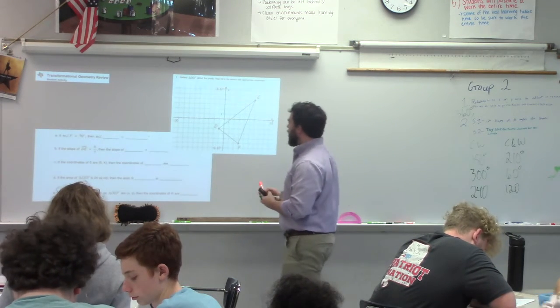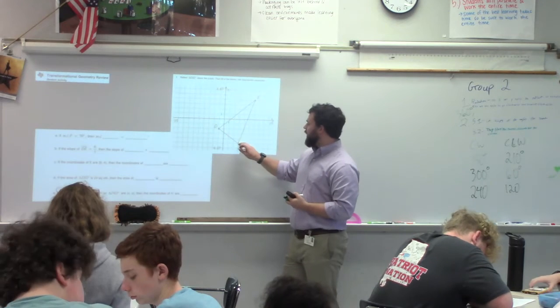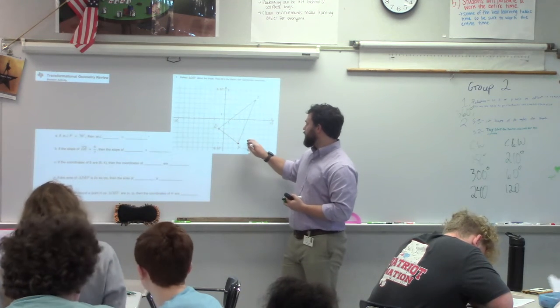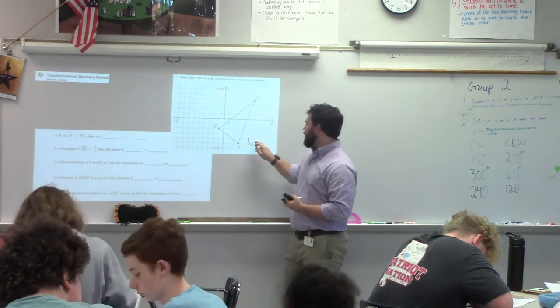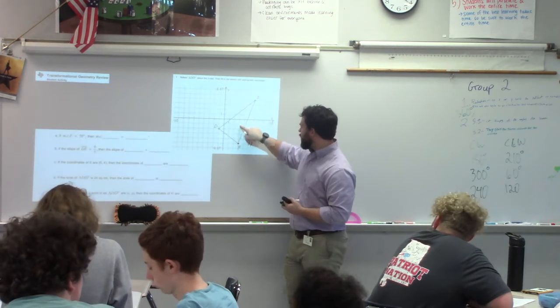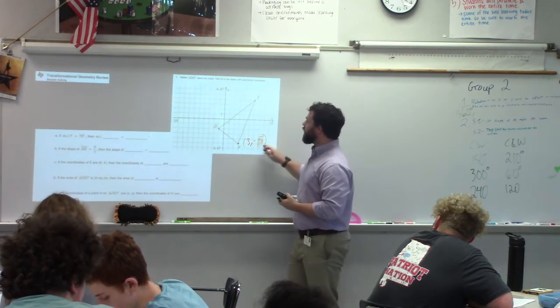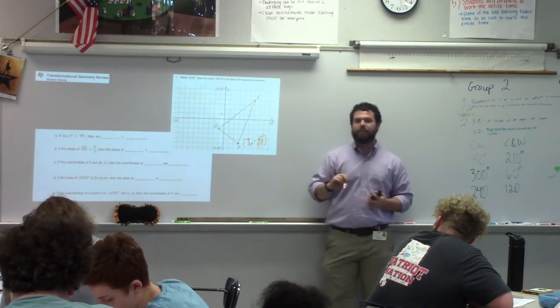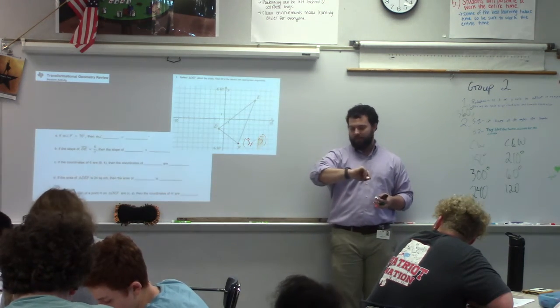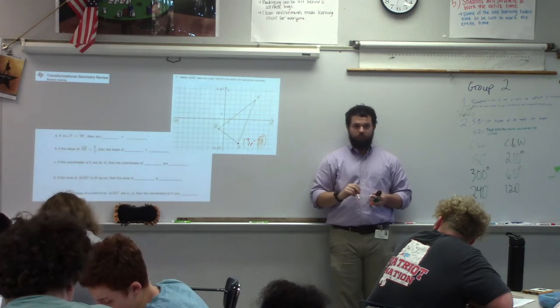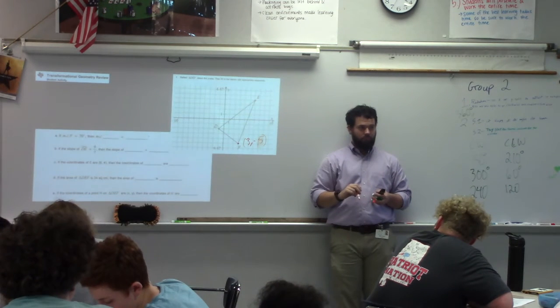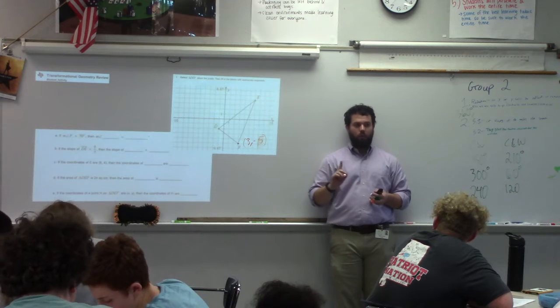So like, if I were to look here at point F, that's the point 3, negative, I think 6. No, negative 5. If I reflect this over the y-axis, what does point F become? Yes, but what are the coordinates for it?